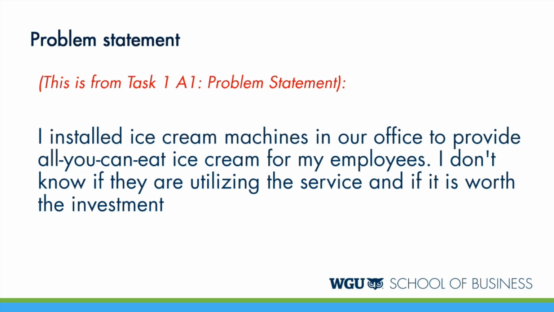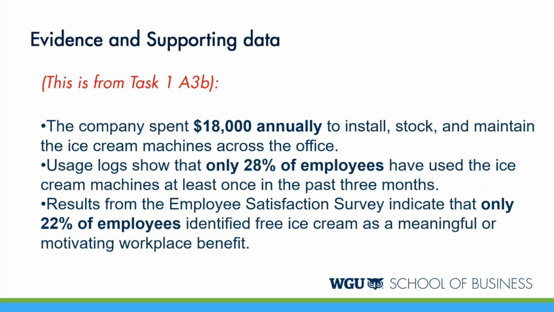So this isn't actually on your task overview, but this is from task 1, A1, the problem statement. Go back, reporting data. So go back to task 1, A3B. Pull those 3 data points that you had there. Again, everything aligns. You're going back to task 1.